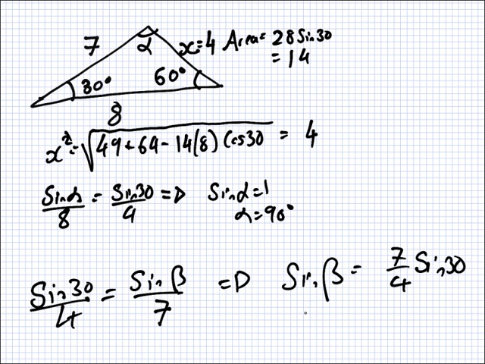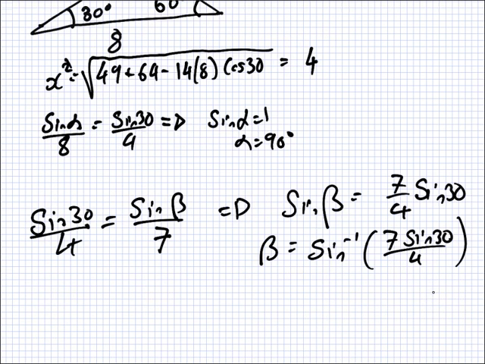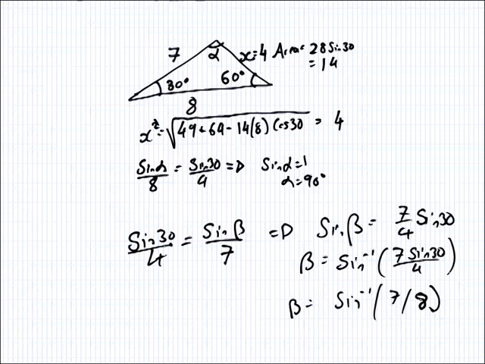So type this in on the calculator: beta equals sine inverse of 7 sine 30 over 4. Actually, sine 30 is a half, isn't it? So this is beta equals sine inverse of 7 over 8. It still gives you 61.04.